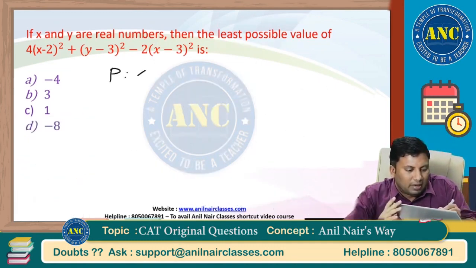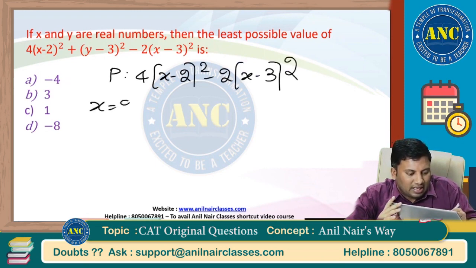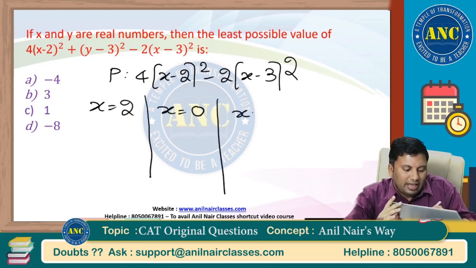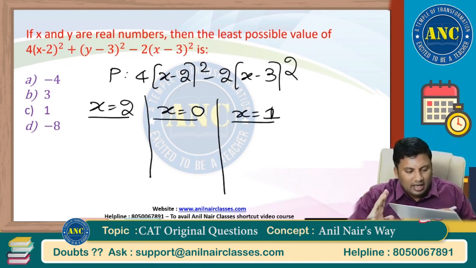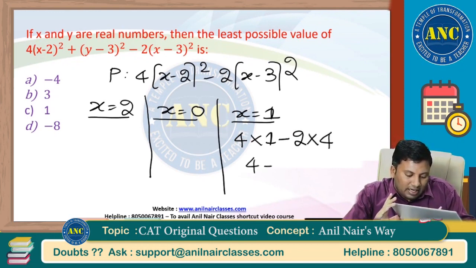P is nothing but 4 into (x minus 2) whole square minus 2 into (x minus 3) square. I will take x equal to 2, x equal to 0, x equal to 1, and see what is happening. With x equal to 1, 4 into 1 minus 2 into 4, which is 4 minus 8.